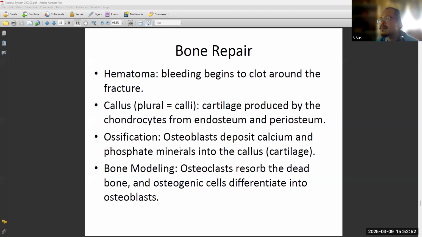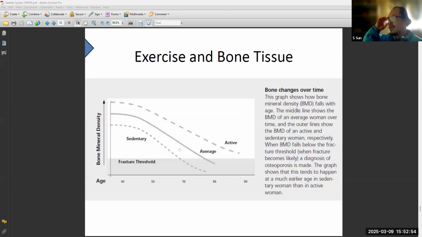So with this, we know that bone is very moldable, it can be modified, it's a living organ, vascularized, and growing.